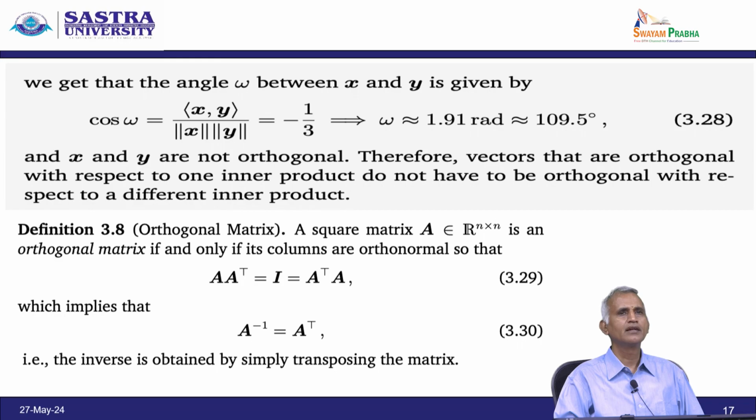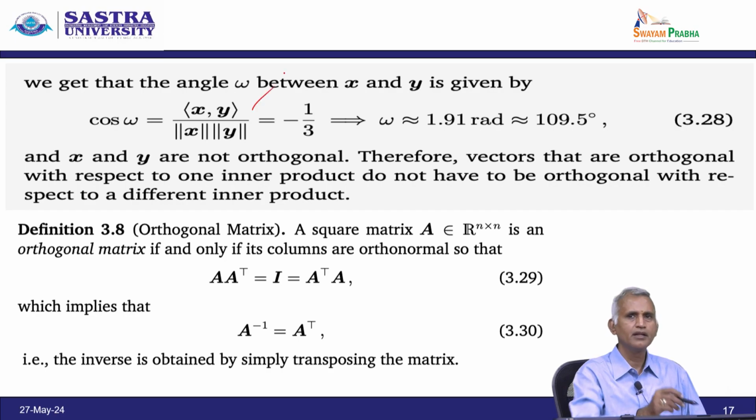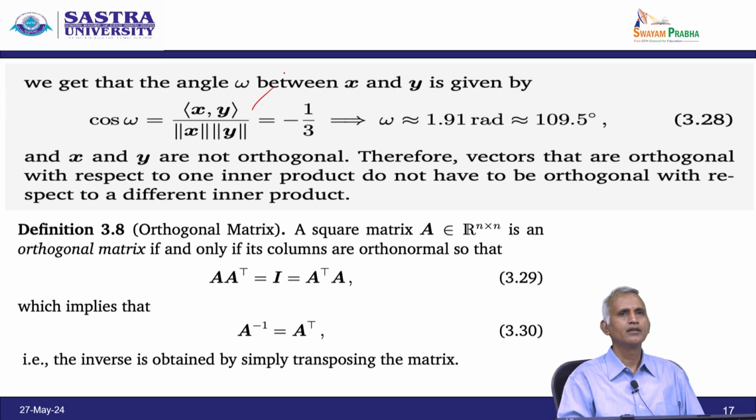Now, we get the angle between the two vectors x and y: cos omega equals the inner product of x comma y divided by norm x times norm y. The norm is a length; norm x is one length, norm y is another length.